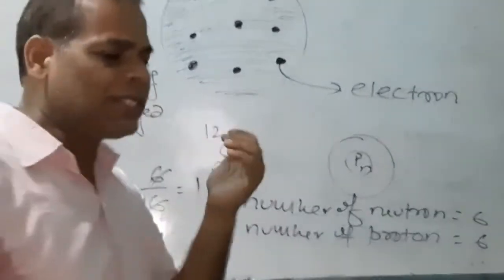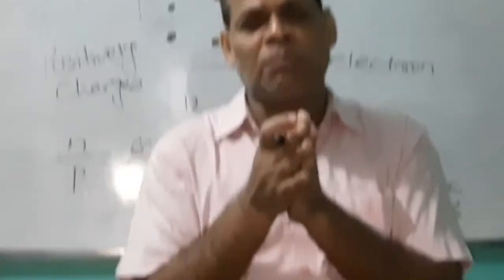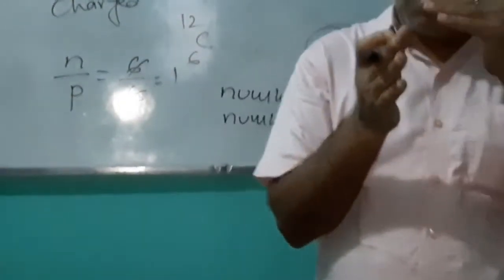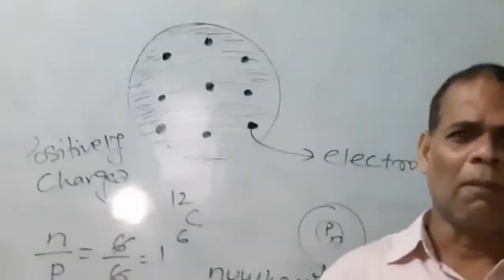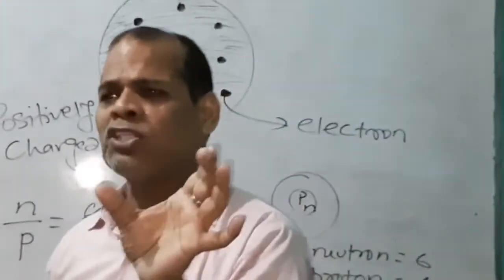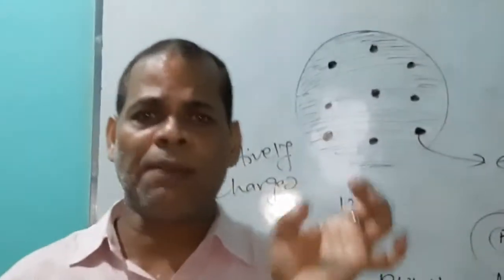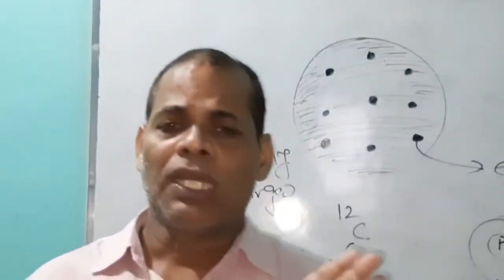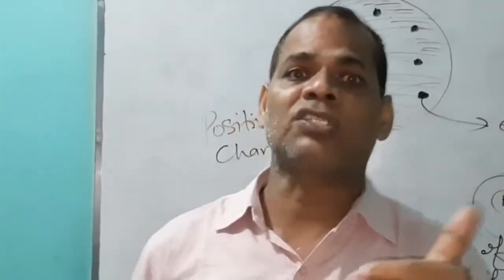Now my dear student, if you say more than 1 or approximately around 1.5, then such nucleus of an atom is unstable in nature.